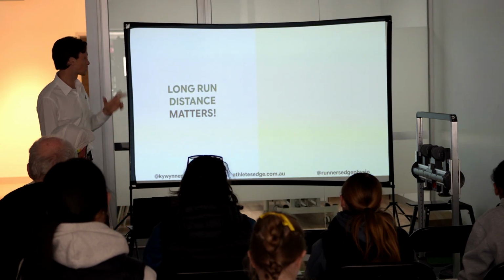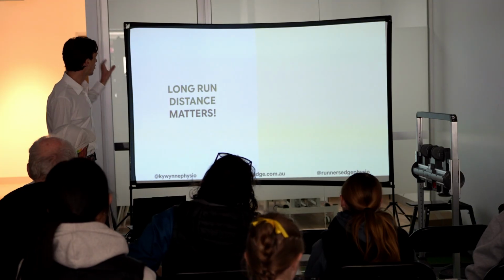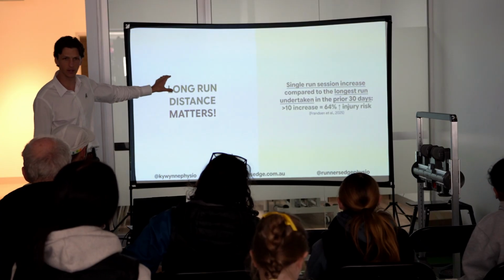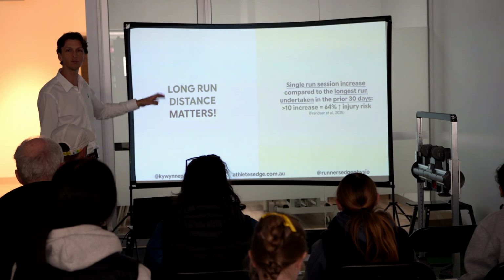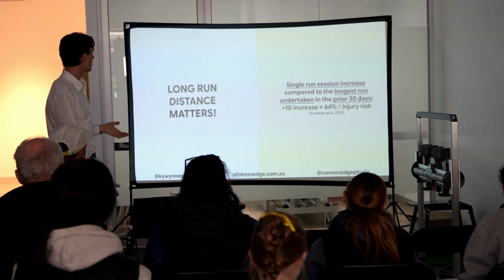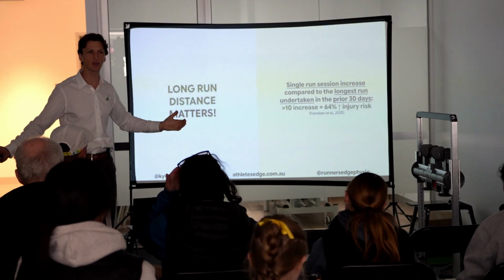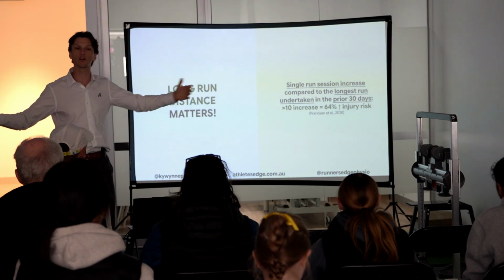So there's three things that I think are important based off really strong modern evidence. One of them is around our long run distance. This is a really modern, recent study that has done the rounds a lot online for good reason, because there's a lot of data to back this up. Rather than just looking at our weekly training, this study looked at the long run distance that runners did over the course of a month.